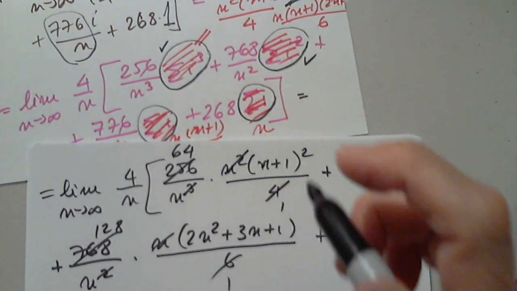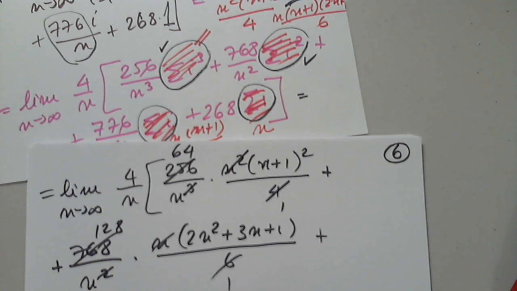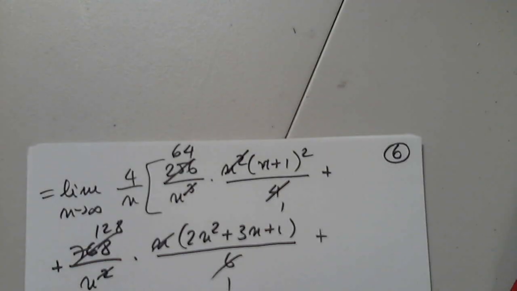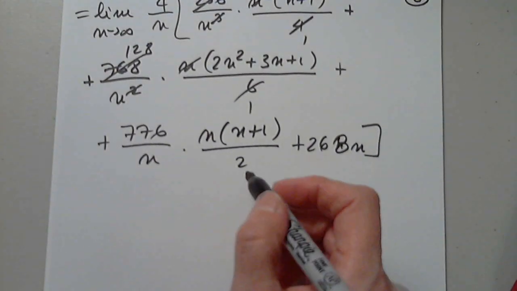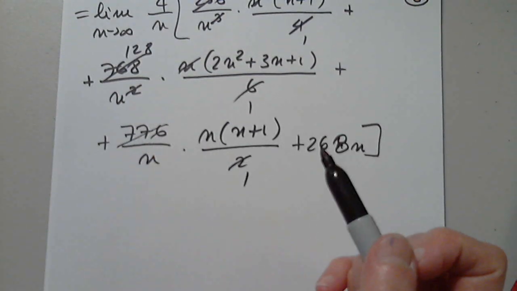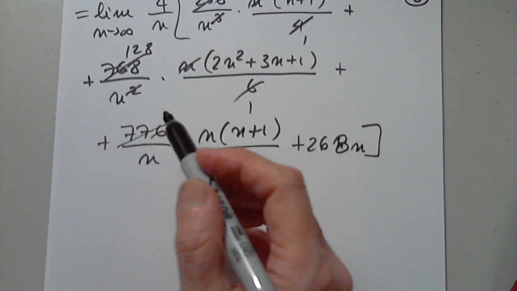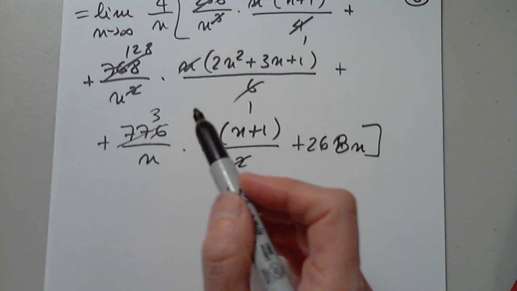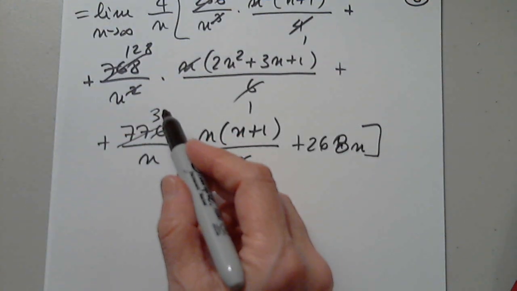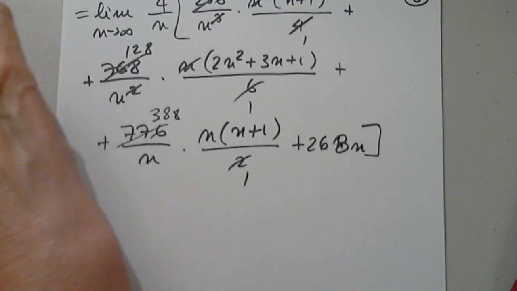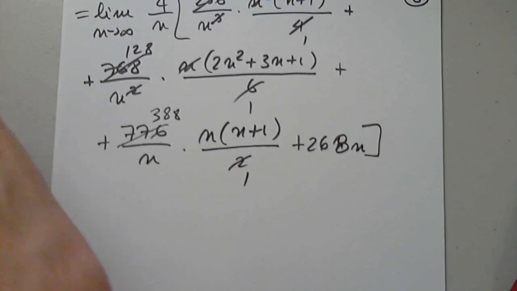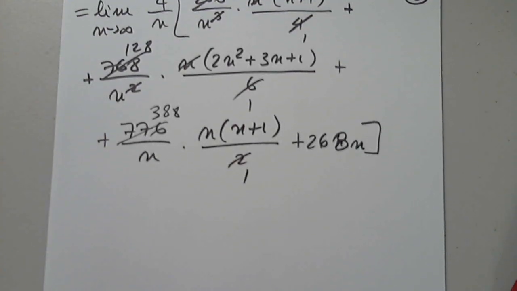And finally 268n. I will simplify by 2. And 7 divided by 2, I have 3. In 17, I have 8 and 8. Am I correct? I can divide. I was able to.